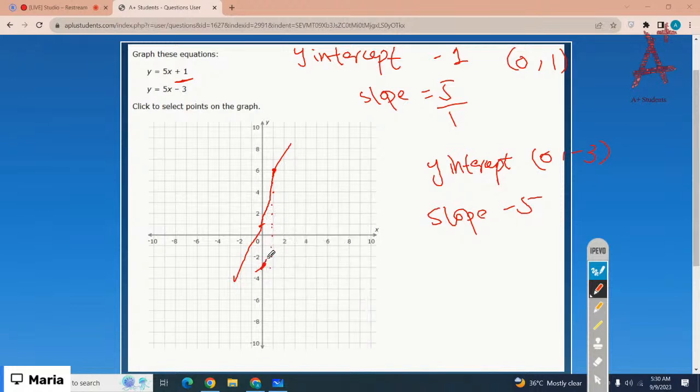So both the equations look like this. Basically, these are two equations that are exactly parallel, right? So that means no solution. They never intersect each other. So the system has no solution, right?